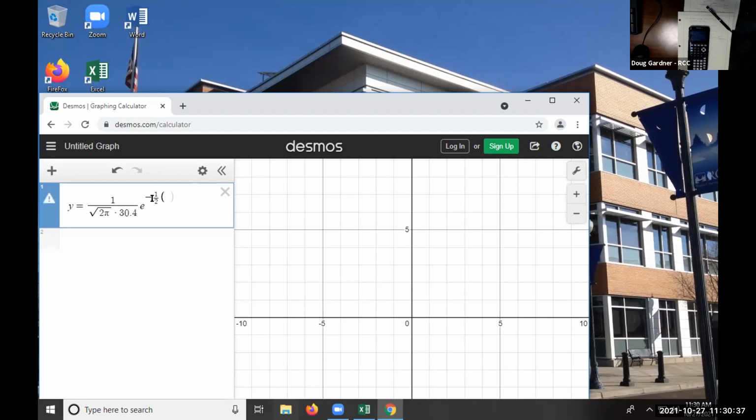And instead of x squared, maybe you recognize this, x minus the mean, which was 30.7, divided by 30.4. Do you recognize that as the z-score? X minus the mean divided by the standard deviation? Like that's a part of this formula.